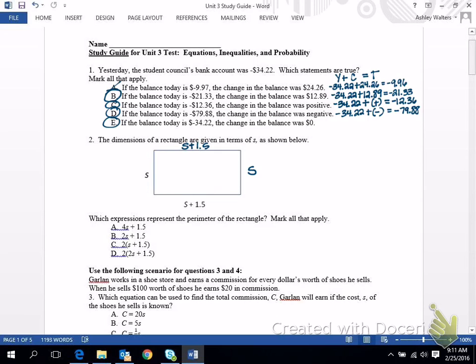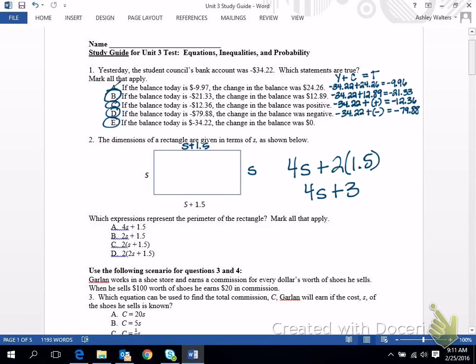And if you're going to find the perimeter, we know that means we're going to add all of the sides together. And when you add the sides together, you're going to get 4 S's and 2 1.5s. And 2 1.5s give you 3. So overall, any expression for the perimeter that's going to be correct is 4S plus 3.